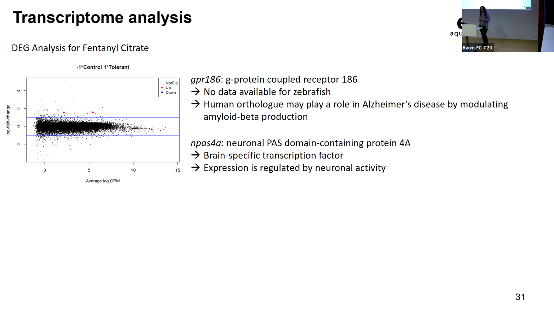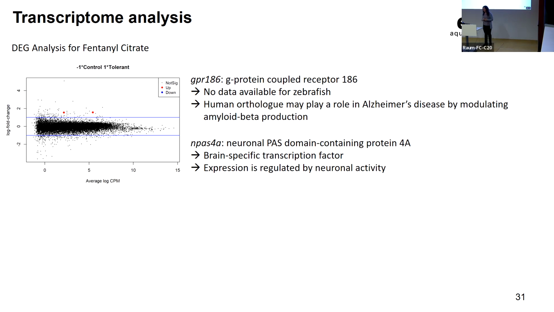There we actually did not find a lot of differences because we really analyzed the individual larvae. But we were able to identify two interesting candidate genes that were upregulated in the group that were tolerant towards fentanyl citrate. One gene is a G protein coupled receptor, for which there's not much data available for zebrafish, but the human ortholog has been shown to be involved in Alzheimer's disease.